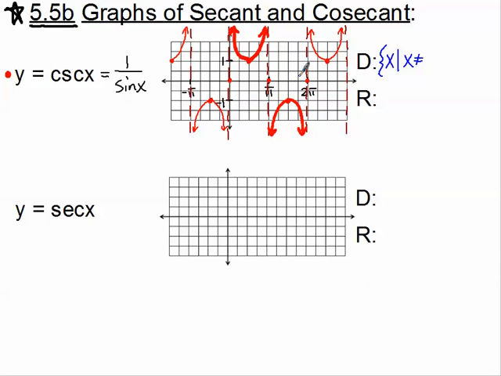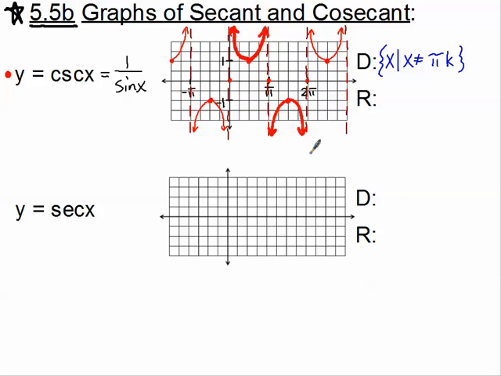It's every 4 tick marks, which in our scales represent pi. So I'm going to say x can't be 0 pi plus pi k. So I'm simply going to say pi k. X cannot be pi k. Very similar to the tangents and the cotangents.